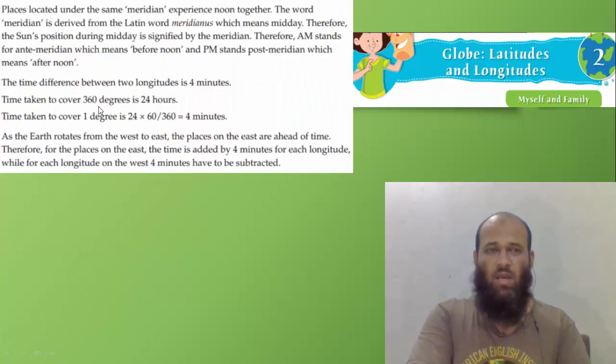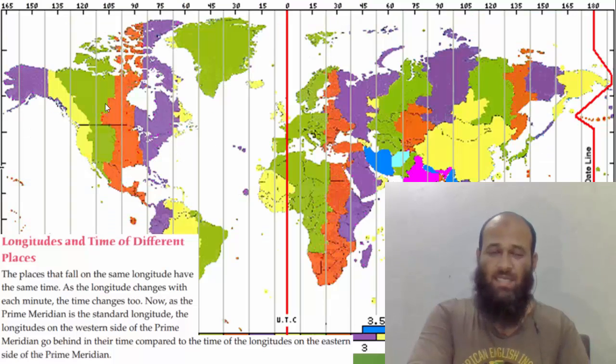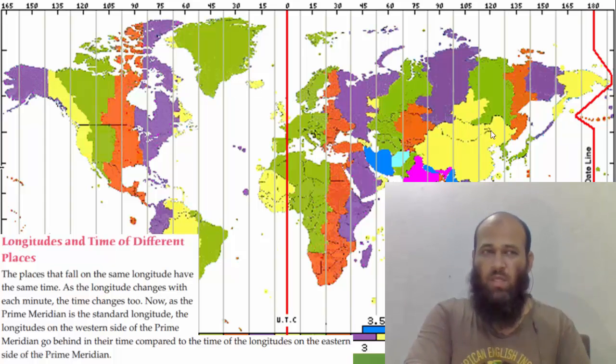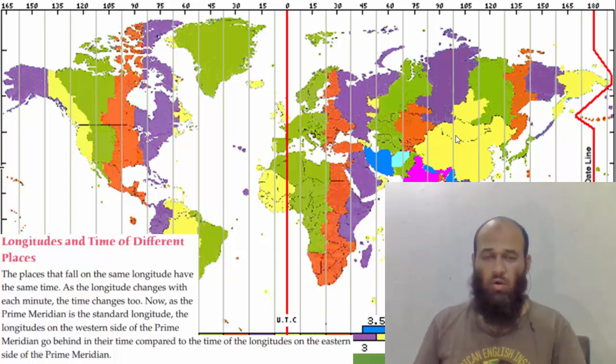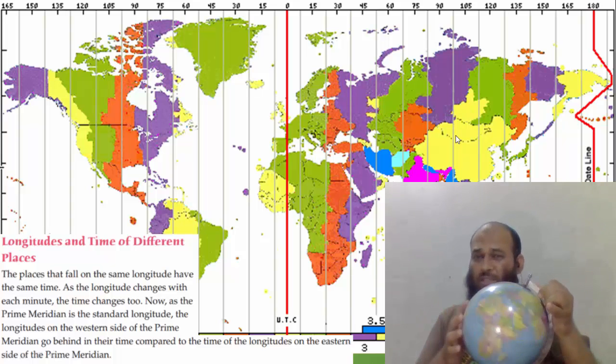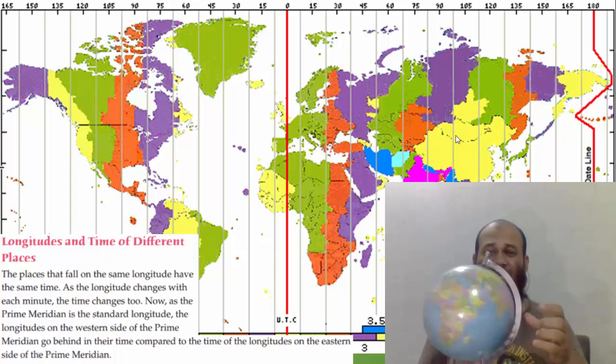Time taken to cover 360 degrees is 24 hours. So to cover the whole globe, it takes 24 hours. You know it, right? One complete rotation, we call it rotation, takes 24 hours.